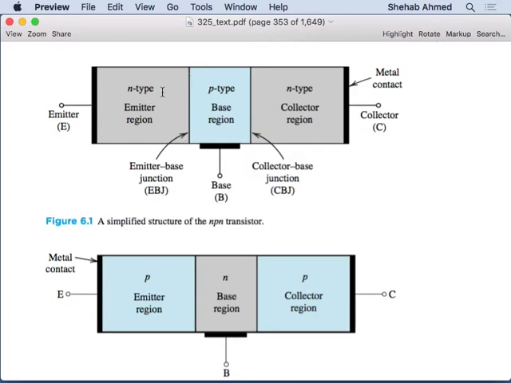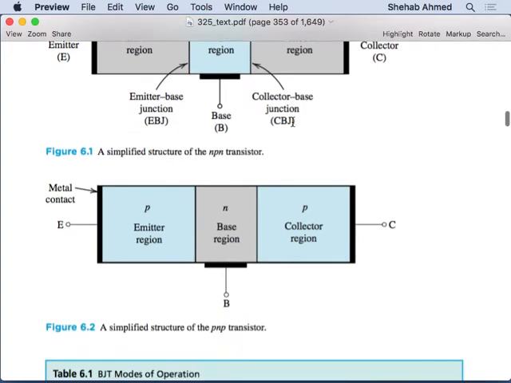So if I'm forward biasing this, then there's diffusion from the emitter to the base, and if I'm reverse biasing this, then there is drift due to the electric field caused by the external voltage source that I'm adding. Right? So reverse bias is drift, and forward bias is diffusion. Exactly.